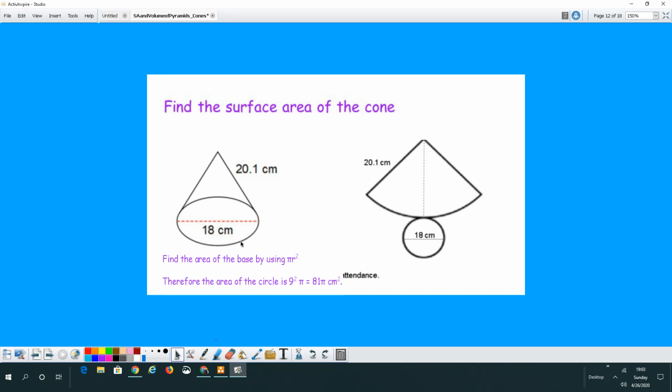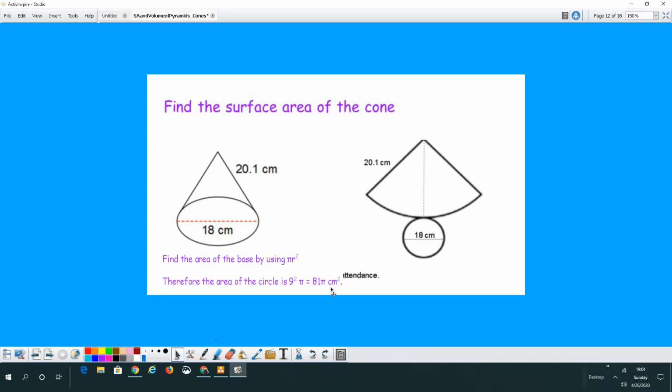This part should not be new to you. You've been finding area of a circle for a long time. You should know this formula. Because we have the diameter here, 18 centimeters, we have to remember a radius is half of a diameter. So for this case, we're going to take 9 squared times pi, or 81 pi, again, centimeters squared.